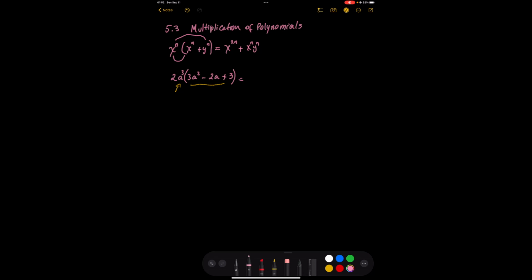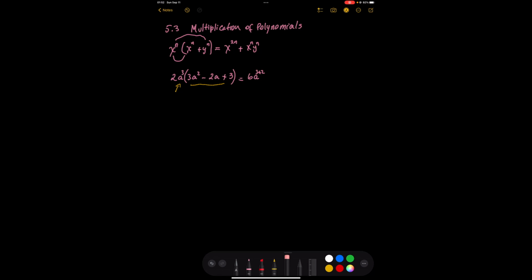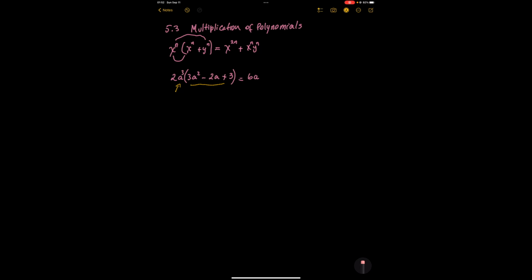Well, 2 times 3 would be equal to 6. a cubed times a squared. Remember, they have the same base, that will be a, and then you have 3 plus 2, which equals 5. That will equal 6a^5.